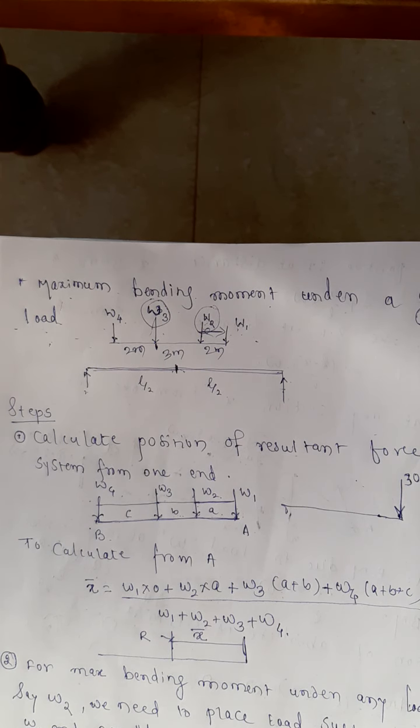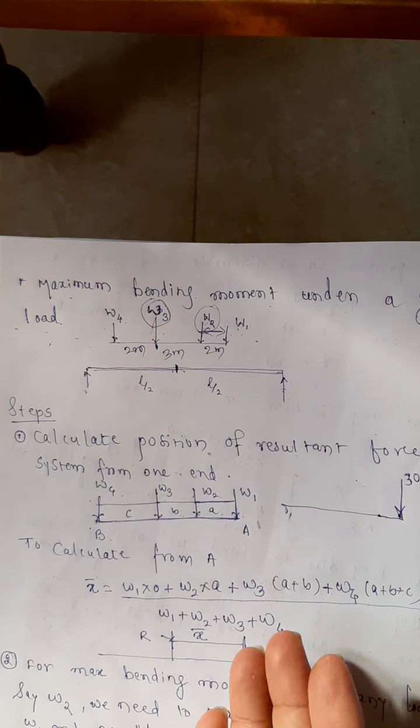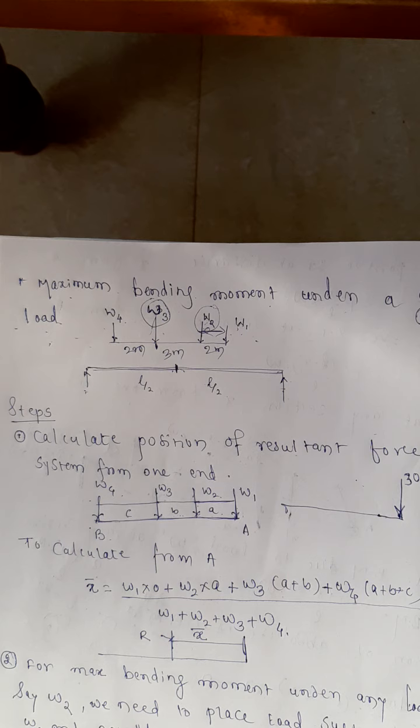How to calculate it? Here what we need to do is fix the position of the loads for the maximum bending moment. How to fix it? That itself I am explaining to you. First step, you need to calculate the position of the resultant of the force system.